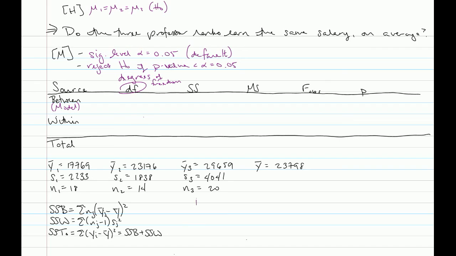We have G group means that we need to estimate, and we're going to lose 1 degree of freedom by comparing them to the grand mean later on when we calculate our sums of squares. So the degrees of freedom between is always the number of parameters minus 1. Here we're estimating 3 parameters, mu1, mu2, and mu3, and we lose 1 degree of freedom, so that's G minus 1, or 2 in this case.